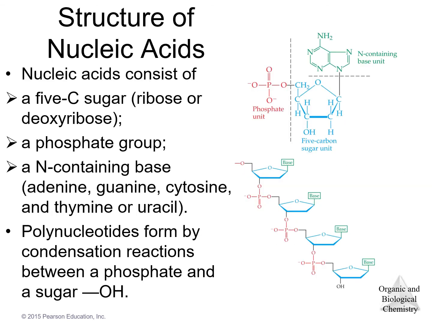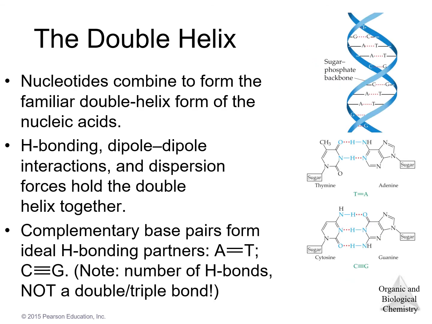These are the structures. Nucleic acid consists of a 5 carbon sugar. It can be ribose or deoxyribose. It has a phosphate group, a nitrogen group, and one of those bases there. And then polynucleotides form by a condensation reaction between a phosphate and a sugar, mostly an OH group.